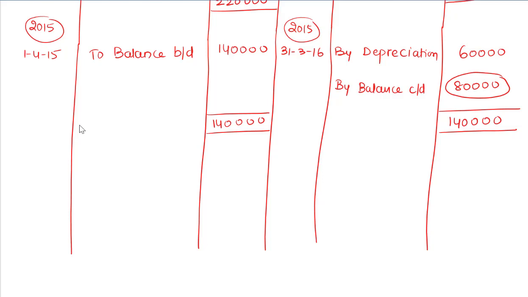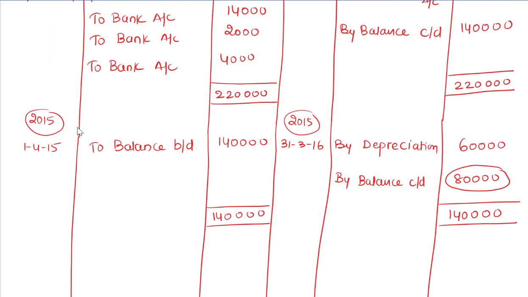Balance carried down, the closing balance is 80,000.